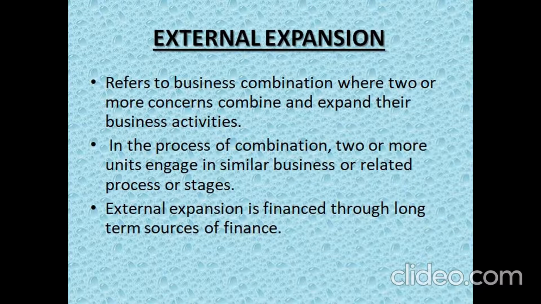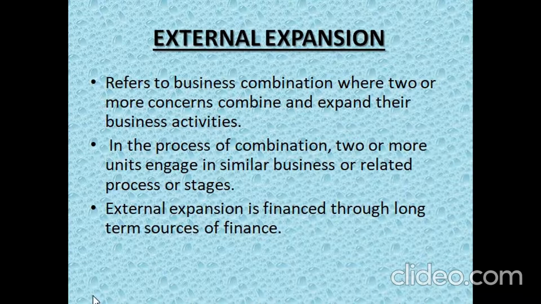These two companies are engaged in the same business, but as I said, external expansion also means there can be a combination of businesses related in process or stages. Now there are different stages in, suppose, steel manufacturing or manufacturing of a car.